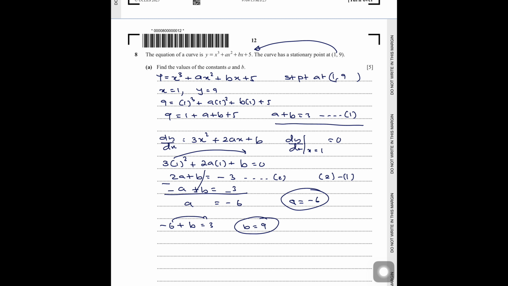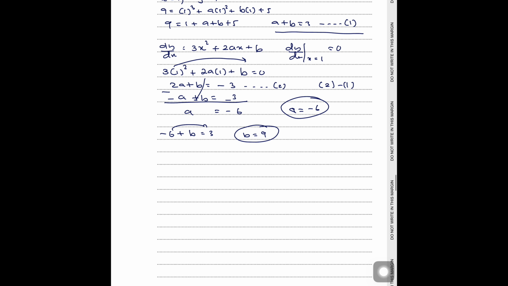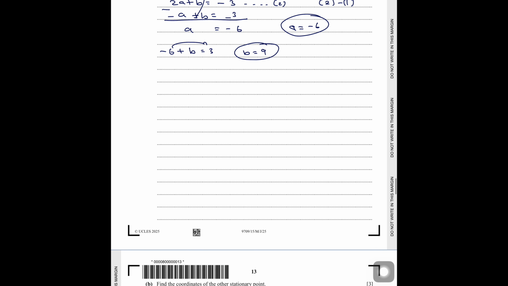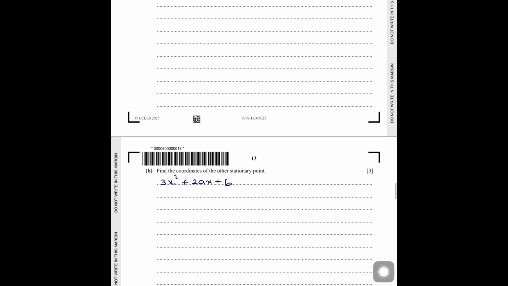Let me try the next part. Find the coordinates of the stationary point, right? So now I have already done stationary point. I'm using this. But I know the values of a and b now.